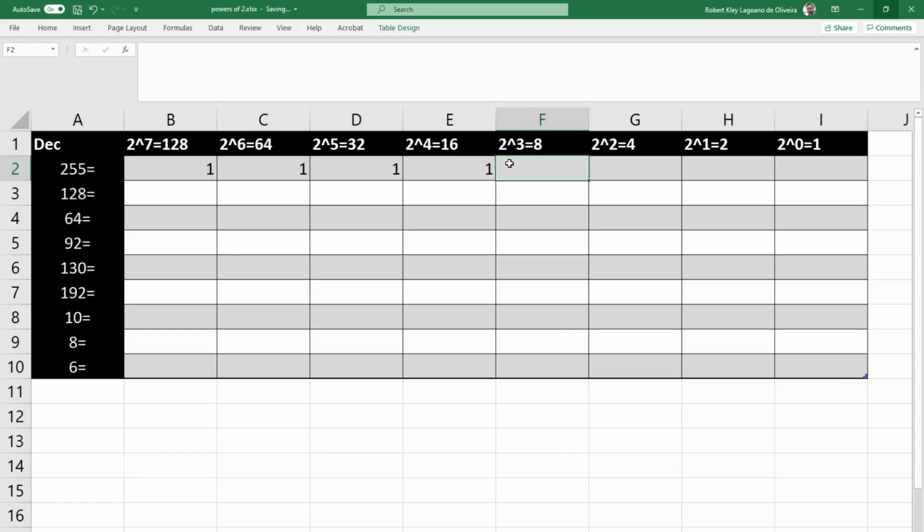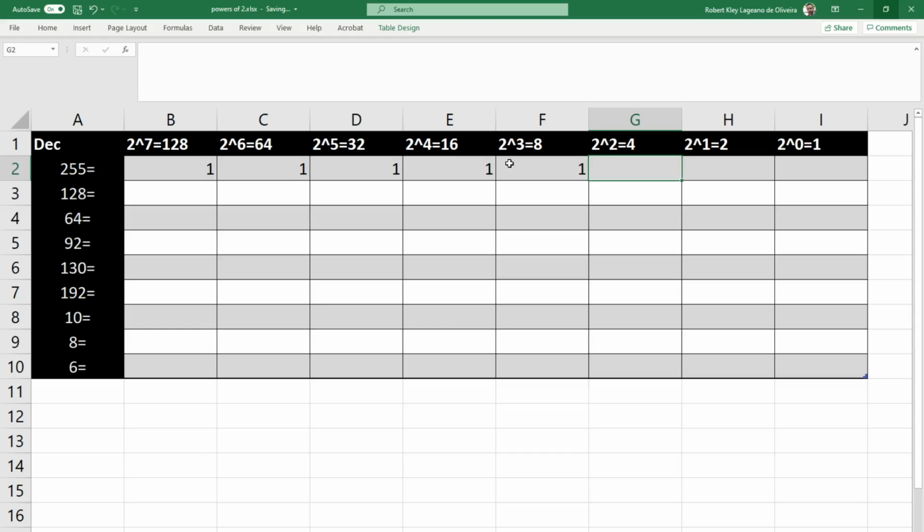If I know that it's 2, 2 is going to be greater than the number that I need, because 2 times 8 is 16, but I only need 15. So 15 divided by 8 is 1, and the remainder is 7. So I can put a number 1 here.